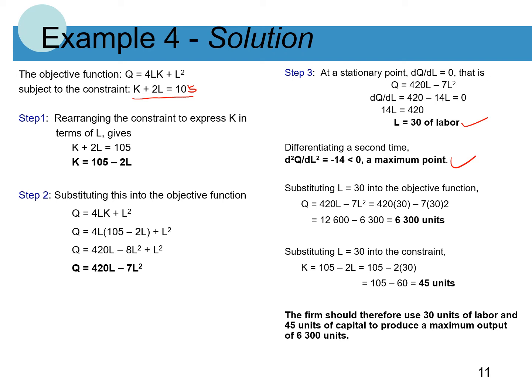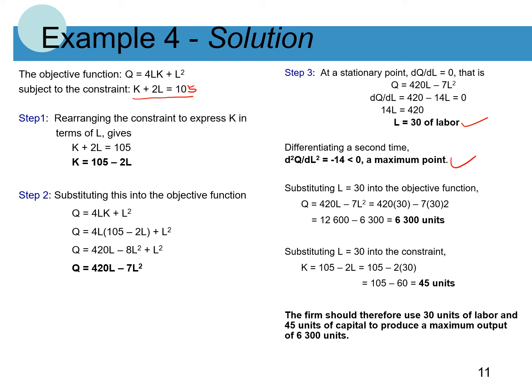Okay, substituting L equal to 30 into the objective function, therefore we have Q equal to 420 times 30 minus 7 times 30 squared. Therefore we have 12,600 minus 6,300, then we have 6,300 units. Then we substitute L equal to 30 into the constraint.